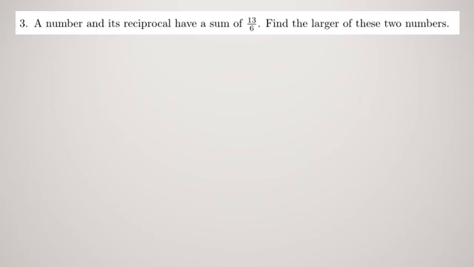So, let x be the number. Reciprocal niya ay 1 over x, kasi si x, pwedeng maisulat as x over 1. So, ang reciprocal niya is 1 over x. Pag i-add mo daw ng dalawang to, ang result ay 13 over 6.